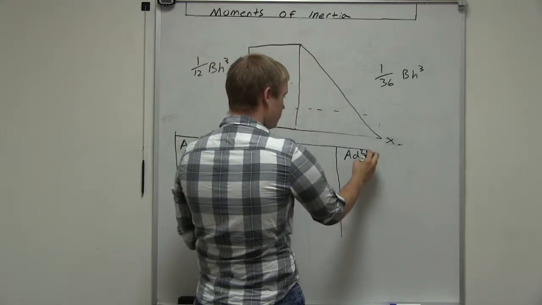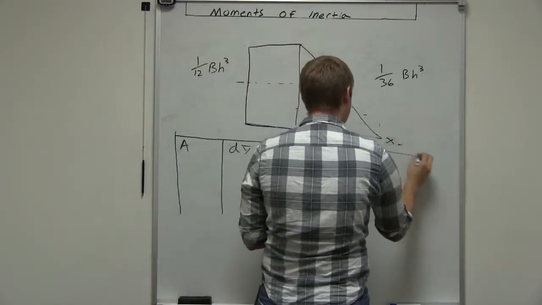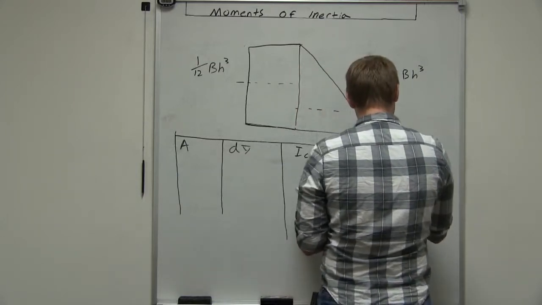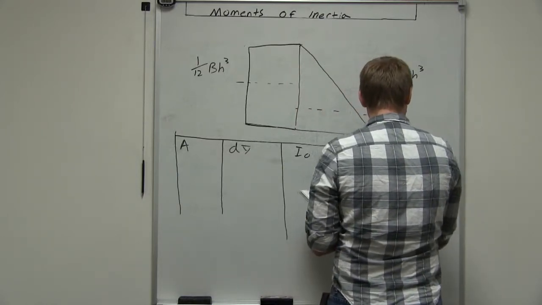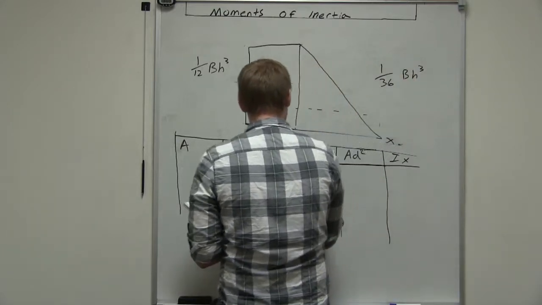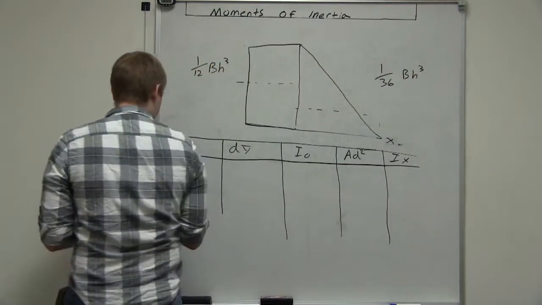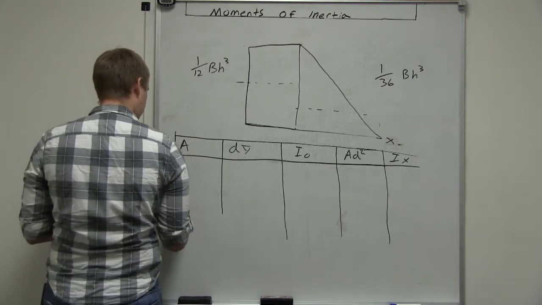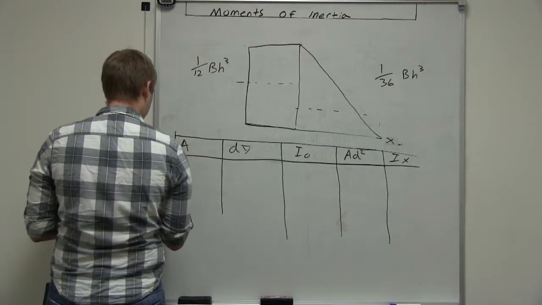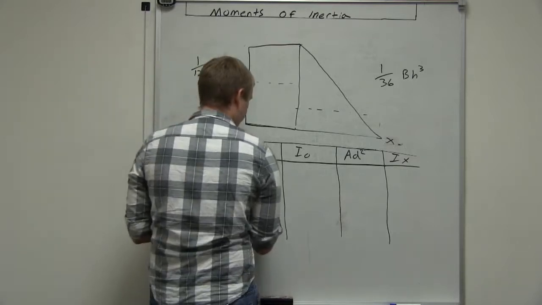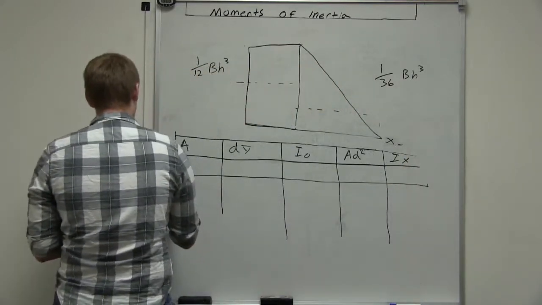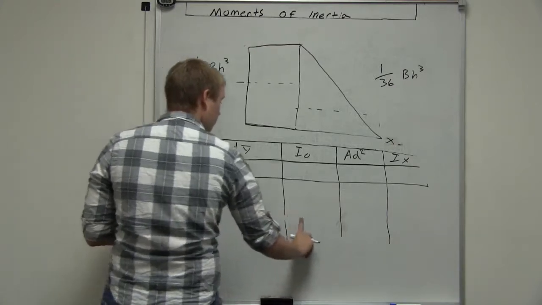This is what we're going to be using to shift it to the new axis. And then we're going to have moment of inertia about the x-axis. This is for object 1. This is for object 2.